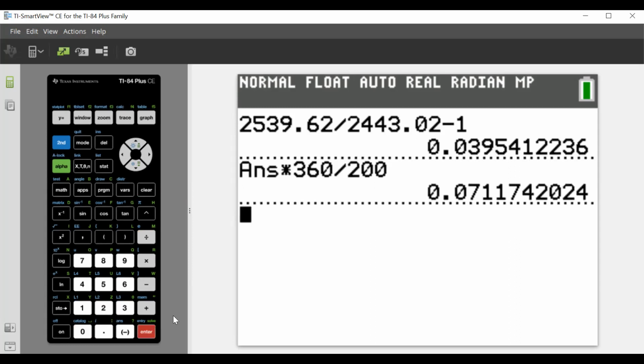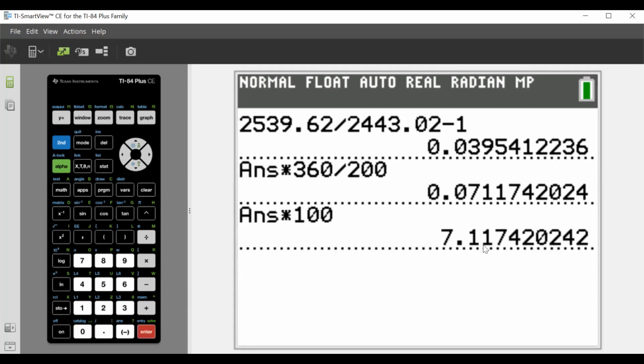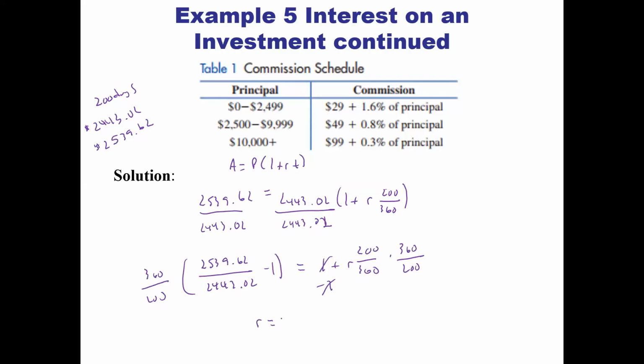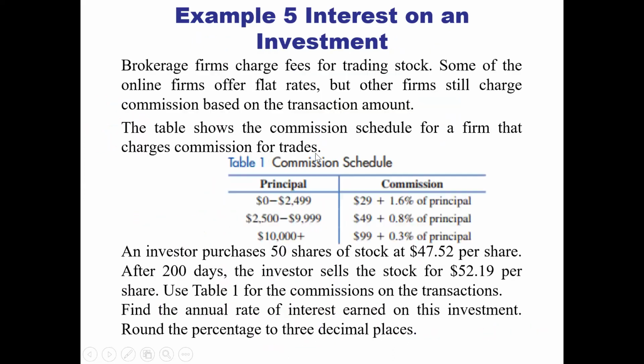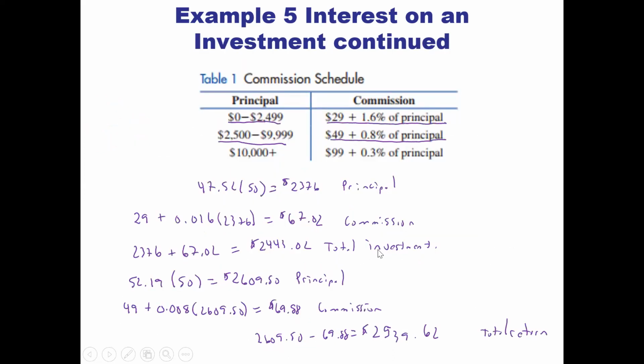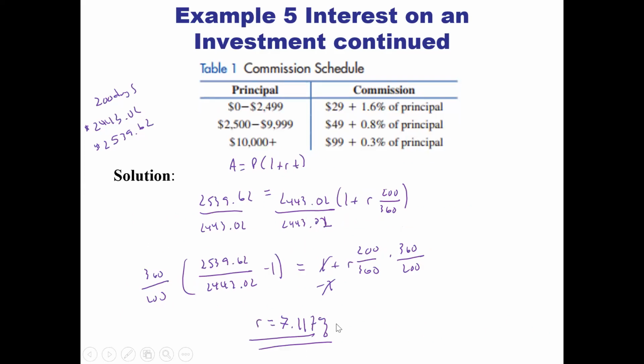That gives us a rate, and if we convert it to a decimal, we get 7.117%. I'm pretty sure they wanted 3 decimal places. So it's 7.117%, and that's our rate for the investment after all the commissions are taken off. Let's go back and make sure: yes, 3 decimal places.